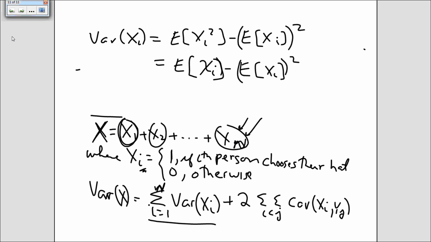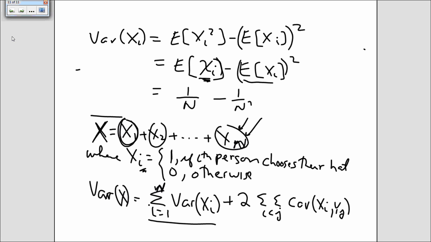Now, what is the expected value of Xi? Well, each person has the same chance of getting their hat, 1 over N. So E of Xi is just going to be 1 over N. Over here, again you have 1 over N, but this time we square it.